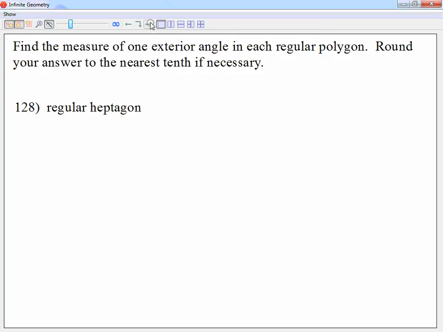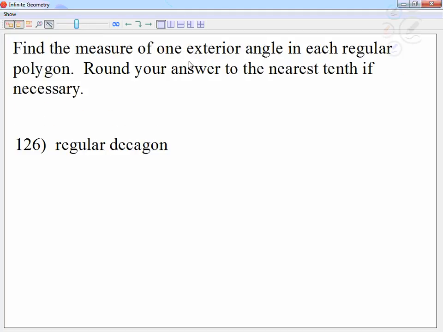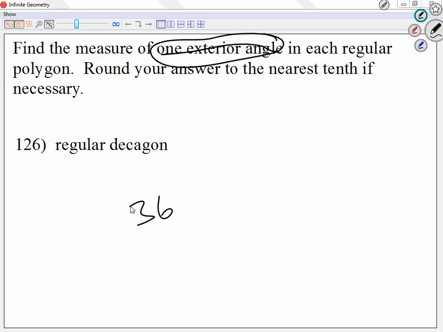This takes us up until number 128. Any questions up until 128? Yes. 126, okay. Once again, we're still dealing with one exterior angle, so I'm gonna go 360 divided by 10. Right? Decagon is 10.